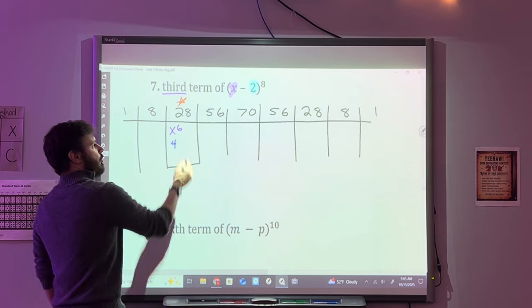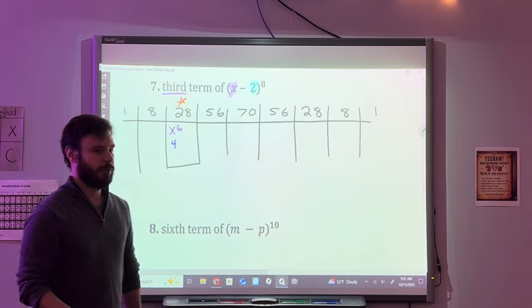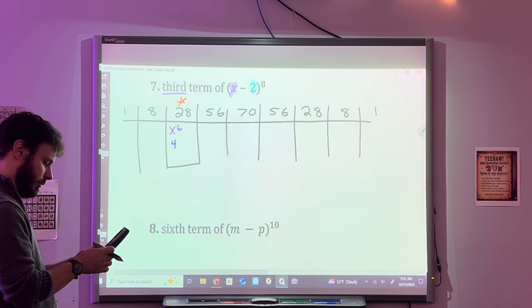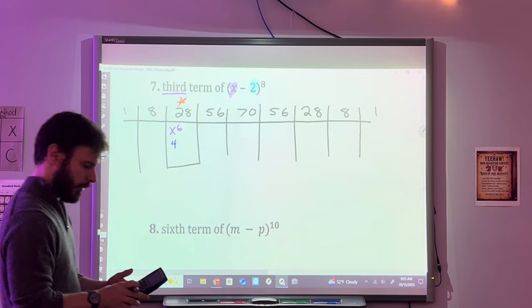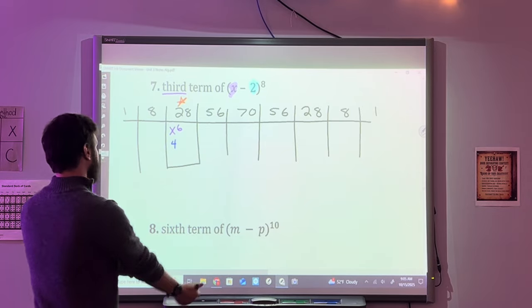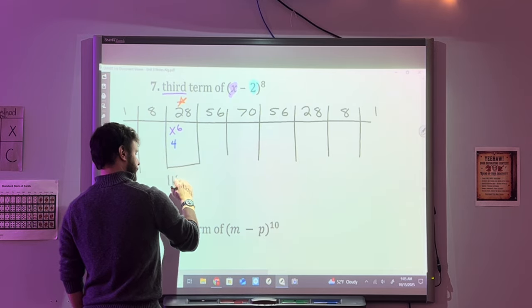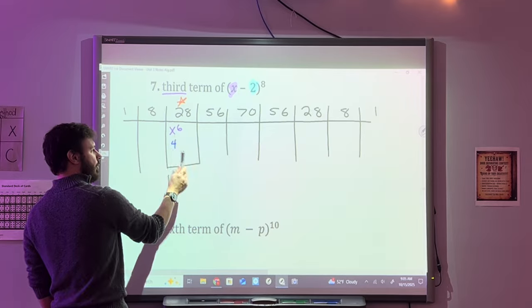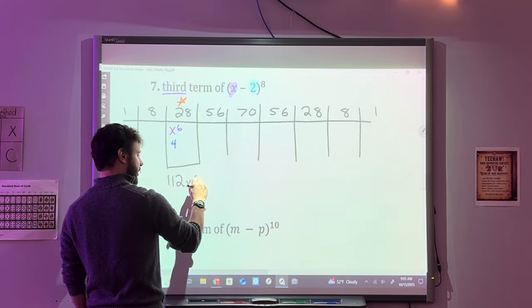All right. Close it up. 28 times 4, I think, is 144, but I don't want to be wrong. 112, see, I would have been wrong. And then that's where it is. 28 times 4 has x to the 6 hanging out with it.